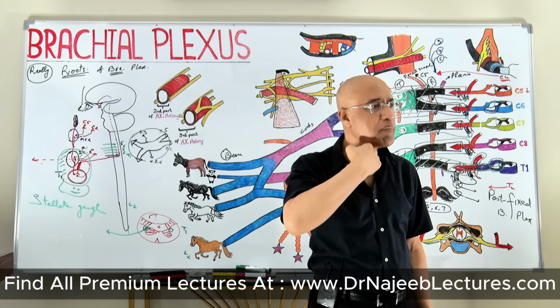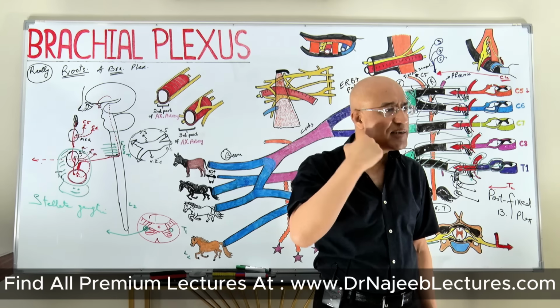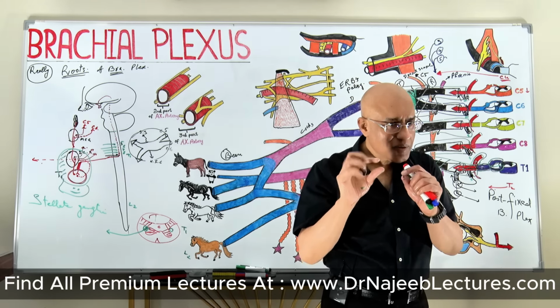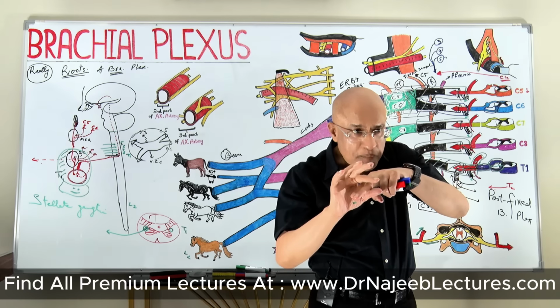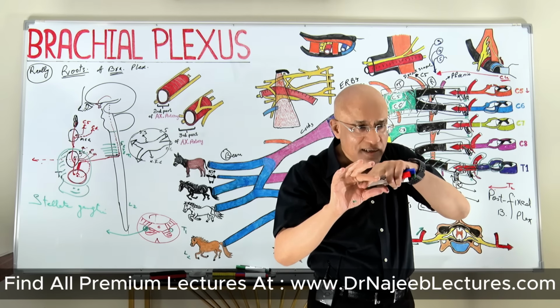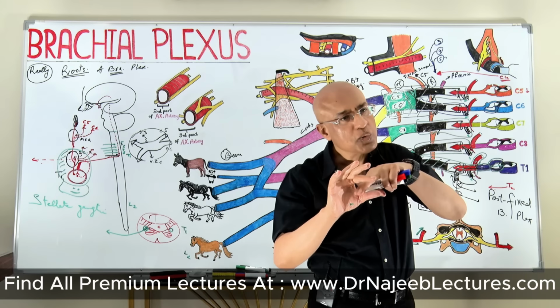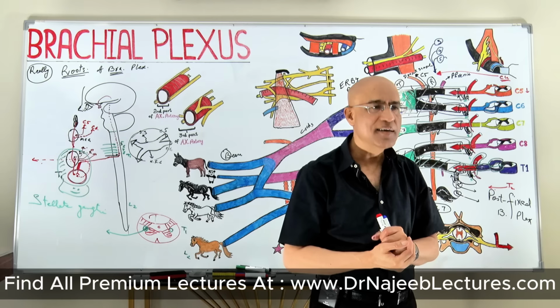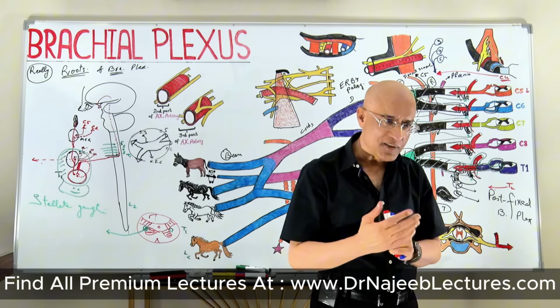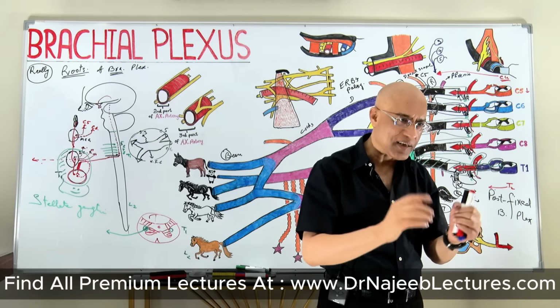Then the brachial plexus enters through a very narrow space between the clavicle and first rib, called the costoclavicular groove, through which the brachial plexus with some vessels is moving from the neck to the axilla. We will talk about those anatomical relationships and related clinical situations, right? That is our next lecture.